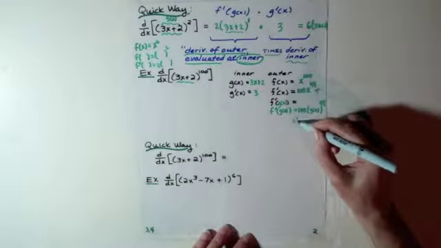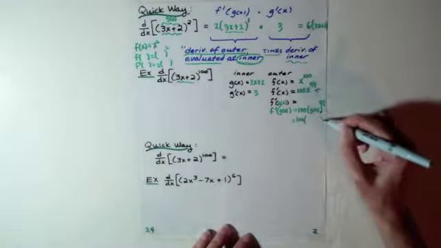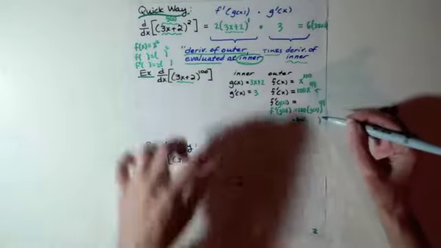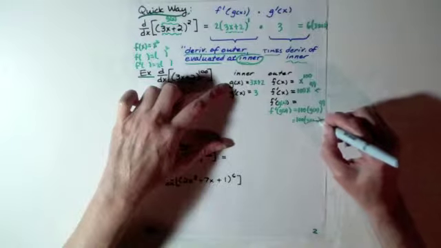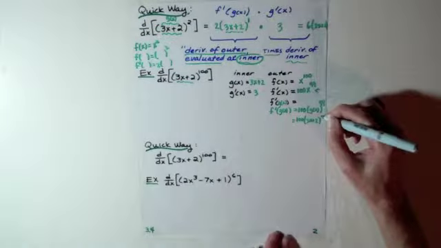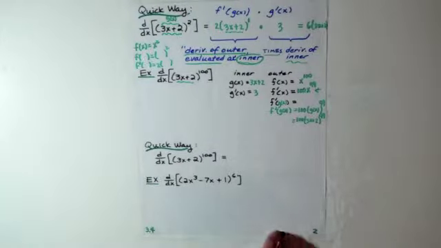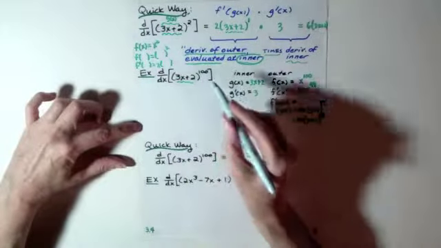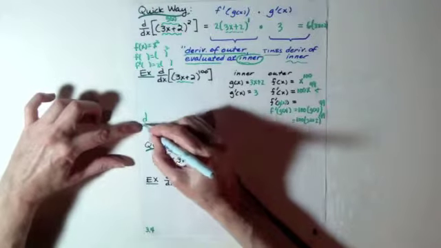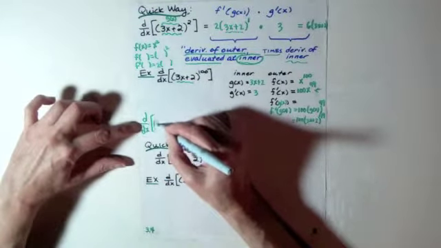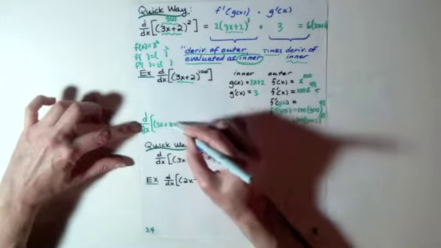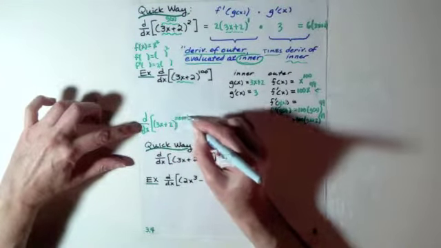So I would end up with 100 times, well, what is g of x? G of x is our inner function, namely 3x plus 2, and all of that would be raised to the 99th power. So let's go ahead and write out then what the derivative of our composite function, 3x plus 2 to the 100th power, is.